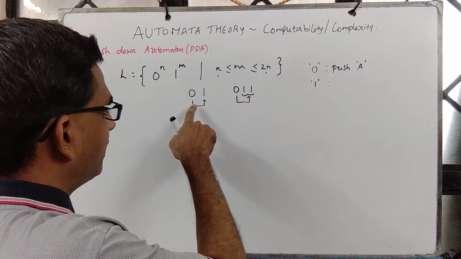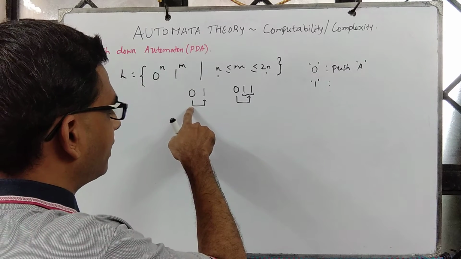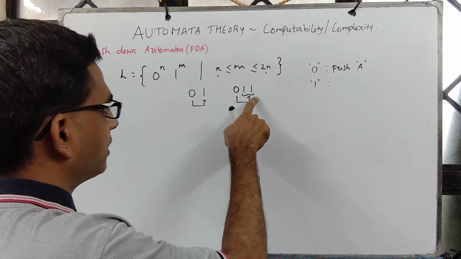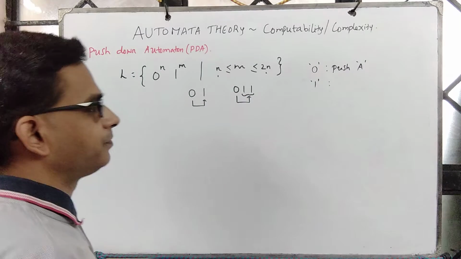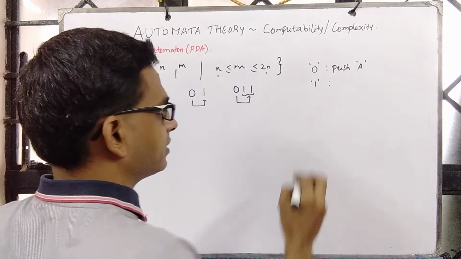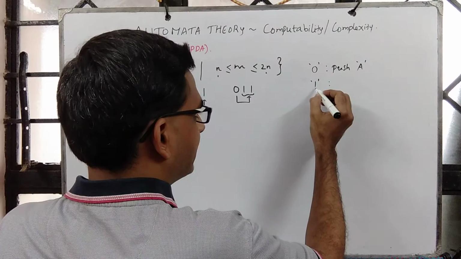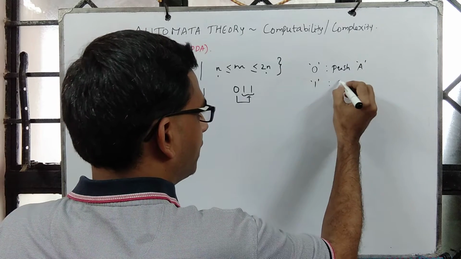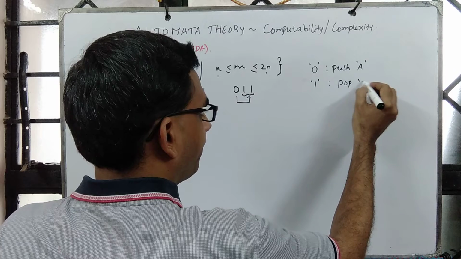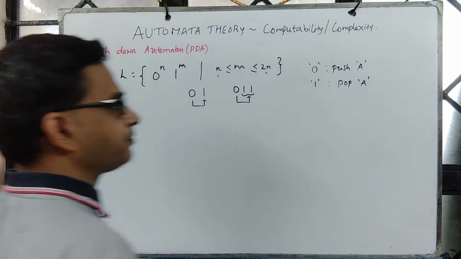Remember, we are associating either a pair of 1s or just a 1. Which means there are two things. When you see just 1, you pop 1A.